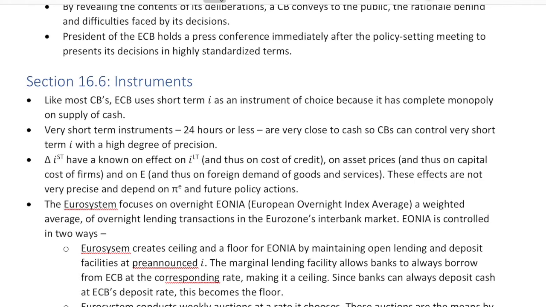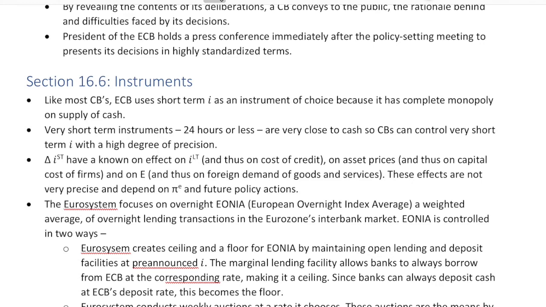So let's say someone knocks on your door and says, hey, I want to buy a home, I need $1 million. And the bank is like, well, I don't really have $1 million. Let me see if I can borrow from the Federal Reserve at the federal funds rate on an overnight basis. So the Federal Reserve lends them the money on an overnight basis, $1 million, right? So that's the specified interest rate.